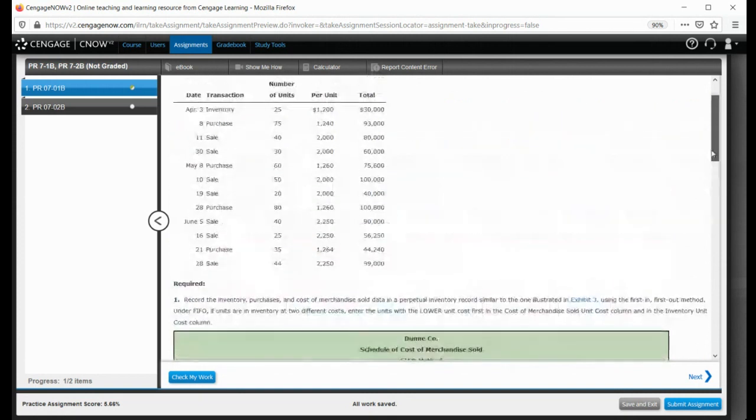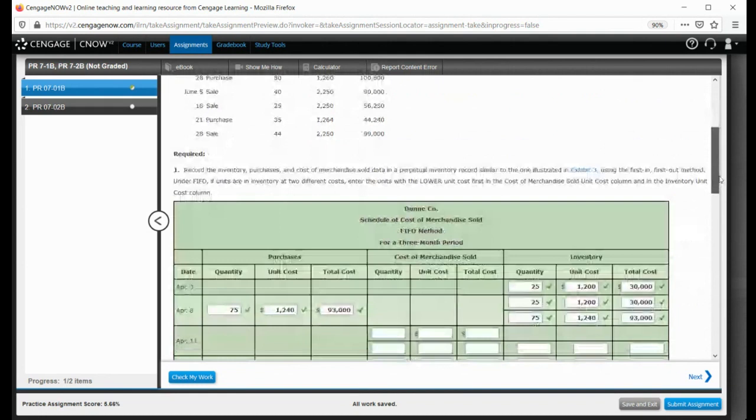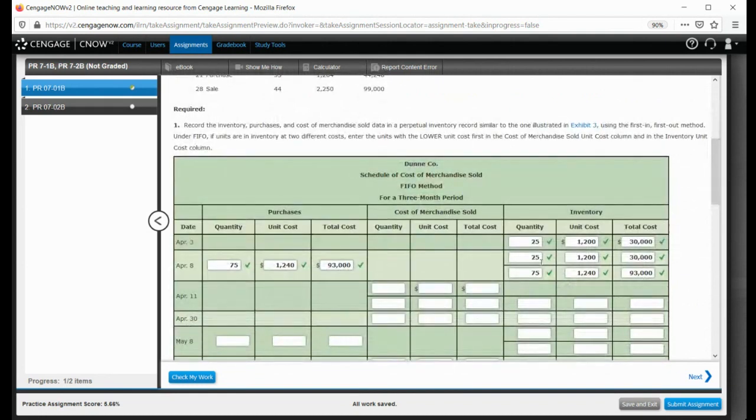Now, what we've sold is 40 units. That's what they told us here. What we have to sell comes from the April 8th transaction.